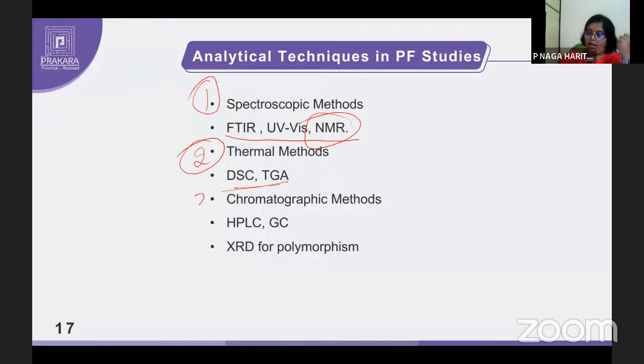The third category is the chromatographic methods, where we use HPLC as well as GC, which analyze the purity, stability, and drug compatibility with the excipients. And finally, for polymorphism, we have XRD, X-ray diffraction studies, which are used to study the crystalline nature of the drugs and detect polymorphism.